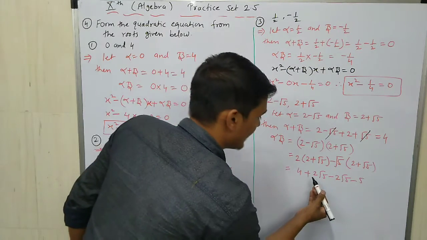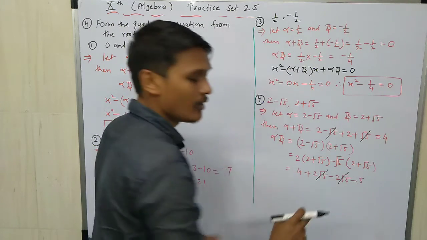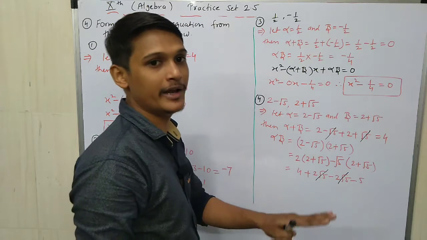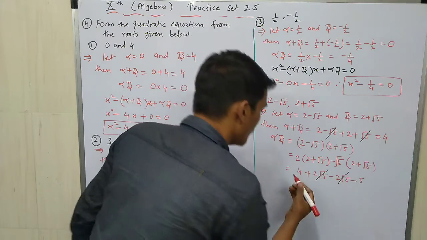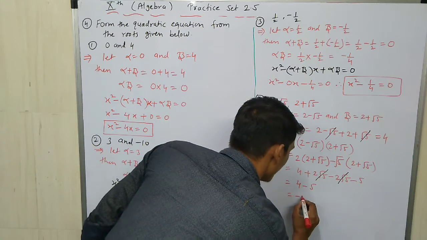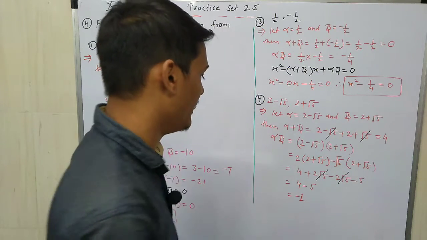Understood? Now plus 2 root 5 and minus 2 root 5 cancel, because one positive and one negative is equal to 0. 4 minus 5 is equal to minus 1. Understood? Minus 1.